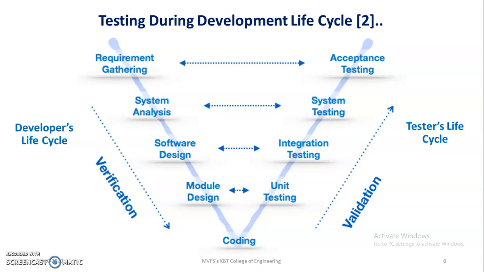So the verification part is the developer life cycle and the validation part is the tester life cycle. In the developer life cycle there is requirement gathering, that is the requirement phase, system analysis, software design, module design, then coding. And in the tester life cycle there is unit testing, integration testing, system testing and acceptance testing.